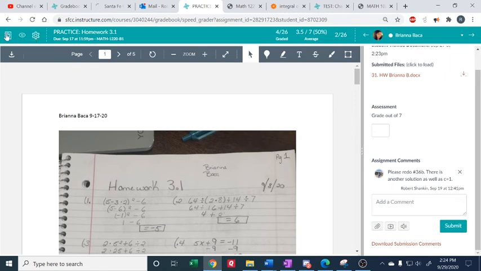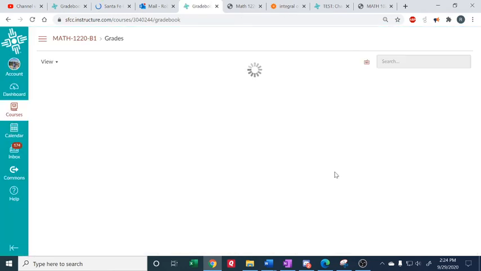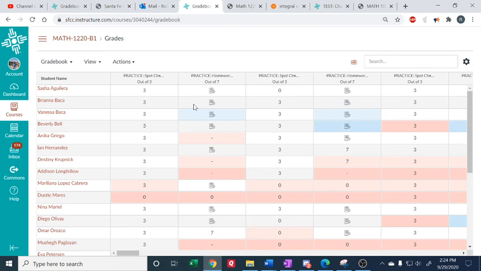I think what's happening is I have to hit the submit button and I didn't realize that. And for the comments, I'm going to have to go back and hit submit on all these to make sure that you guys can see the comments. All right, so we're all getting used to this new way of doing things here.